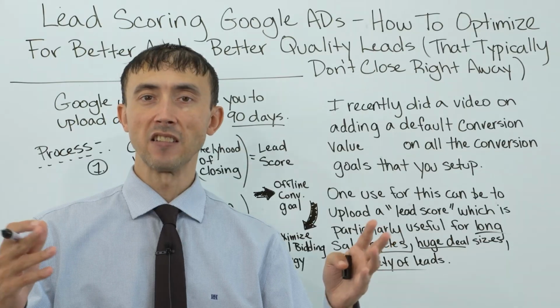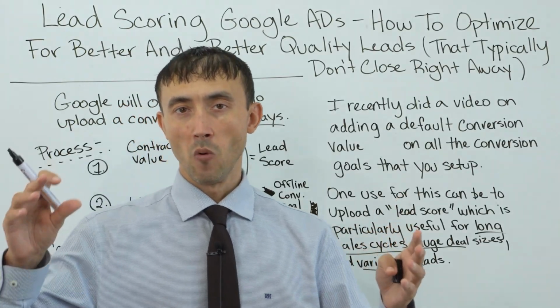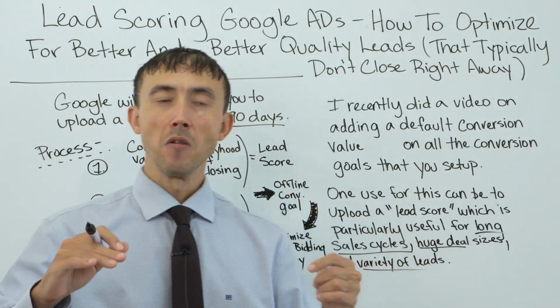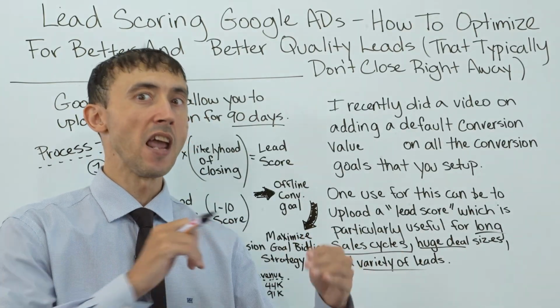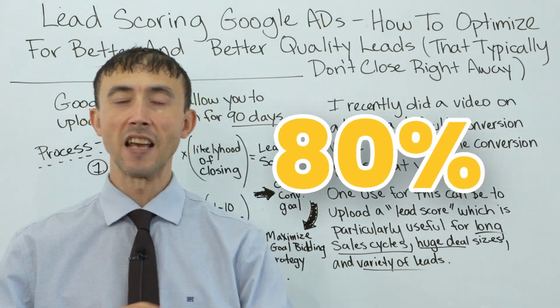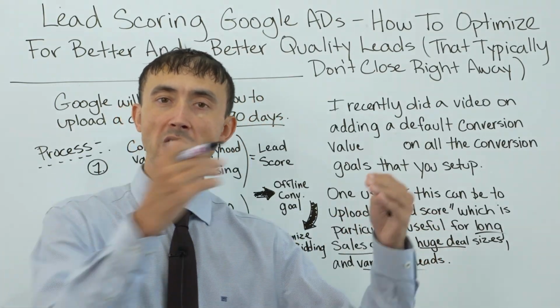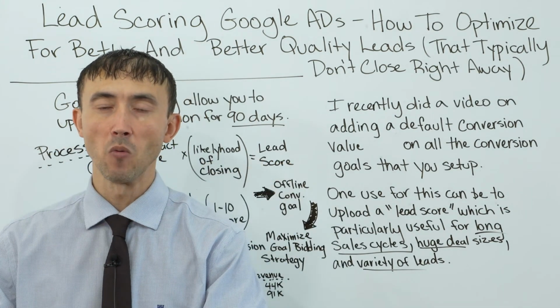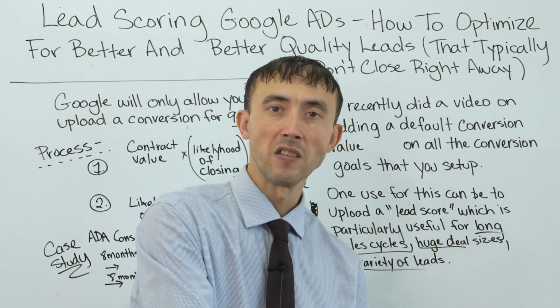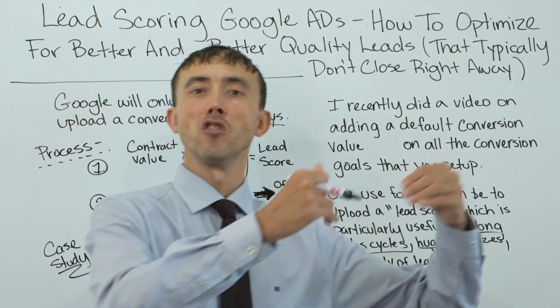Now, that data is not, of course, the same quality as knowing for sure if that person bought or not, but you can get it drilled down enough where it's 80% as accurate as the sales data actually is, and therefore you've got a 90-day quicker turnaround on the money that you're spending and what the impact of it was in terms of your bottom line in your business, so you can make your optimizations in your account much sooner.